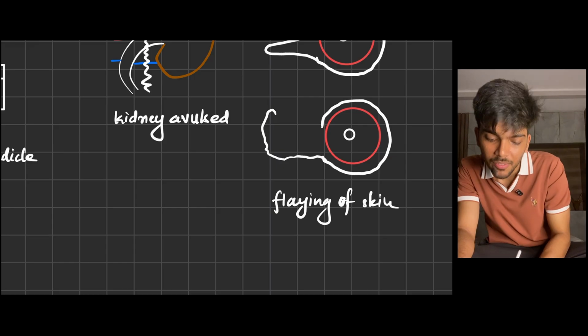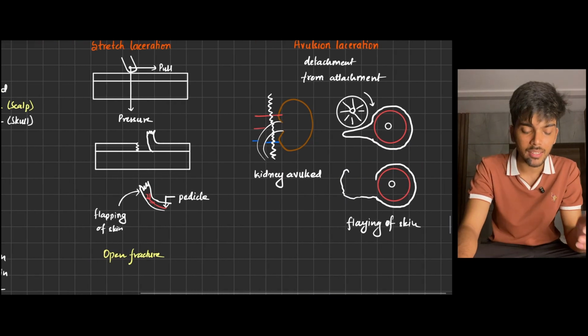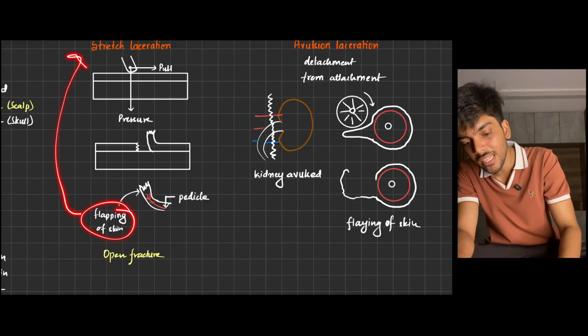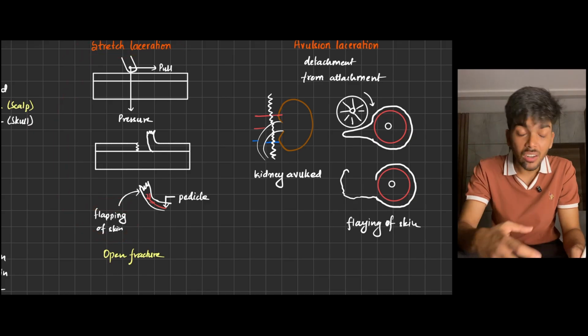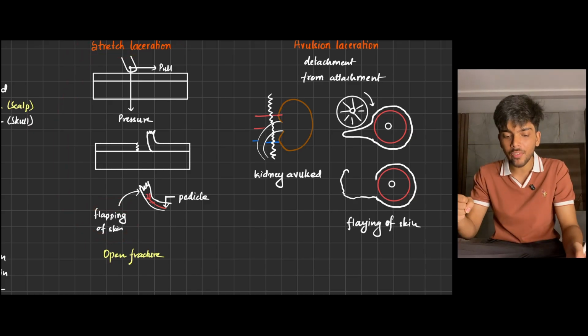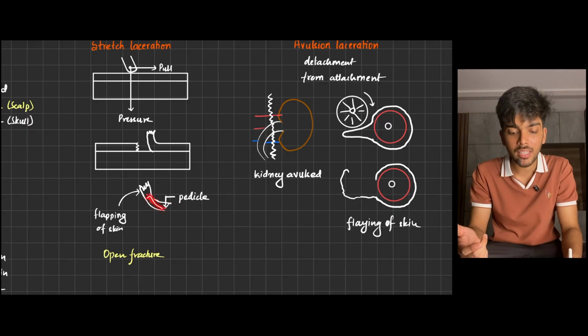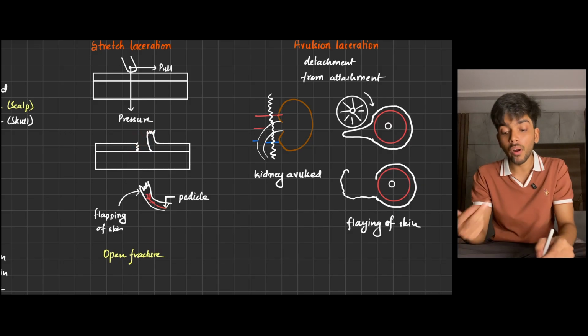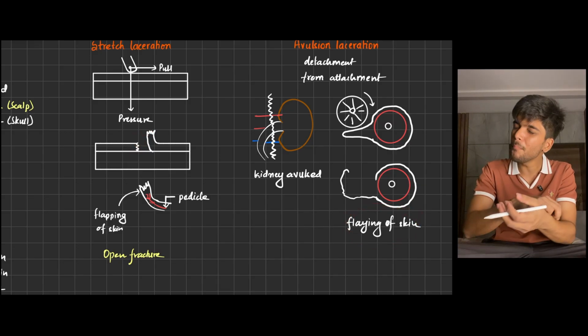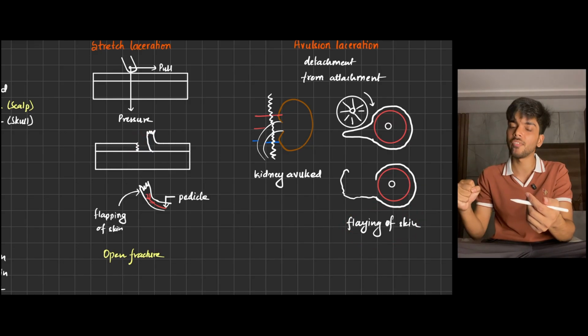So the difference between flapping of skin and flaying of skin is that flapping of skin is stretch laceration, where the skin is not completely detached from its site of attachment. It is still attached via a pedicle. It still has its vasculature and can be reattached. But in flaying of skin, the skin is completely ripped off from its site of attachment.